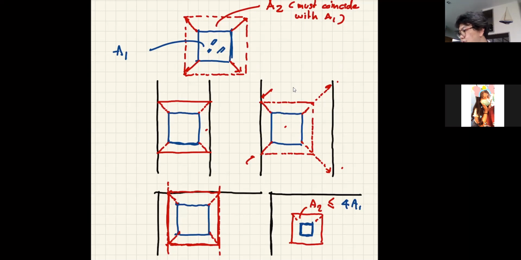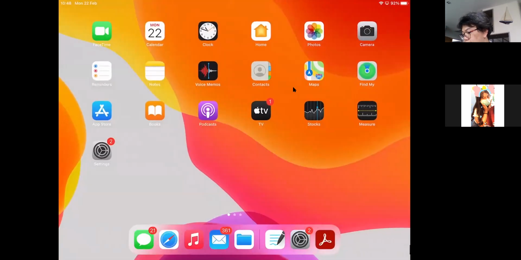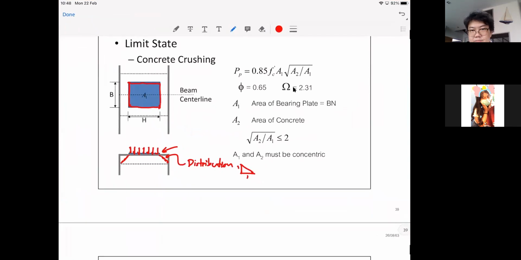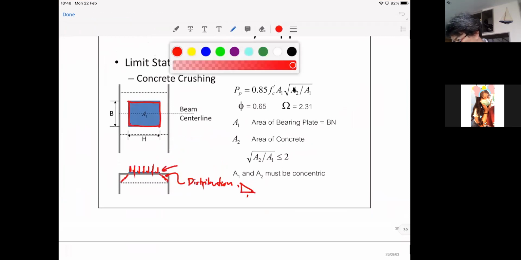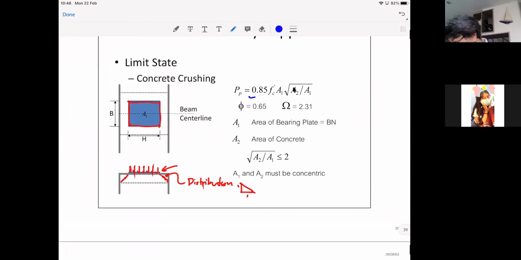Okay, so now let's go back to our PowerPoint. So that is the formula. A typical one, they start from this. That is the strength of the material you use, right? And that is the area A1 of the plate. Multiply by this ratio, which in the end would give you the area of the concrete here that actually is going to fail by crushing mode.